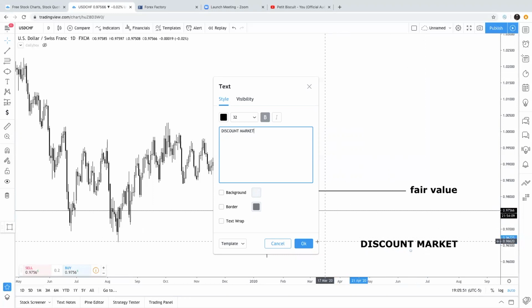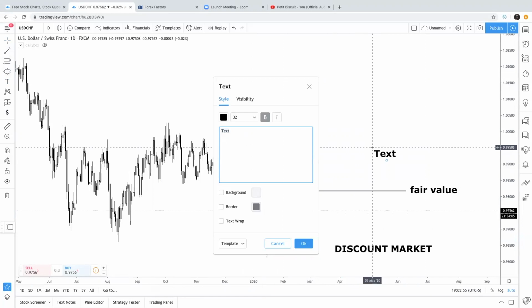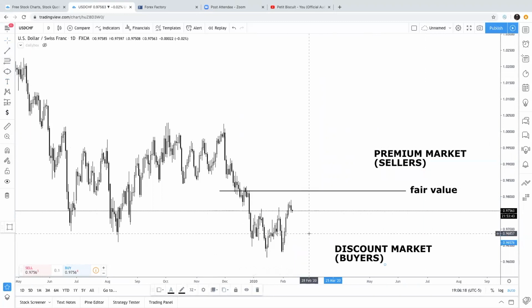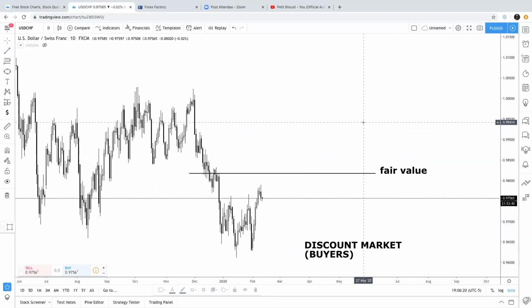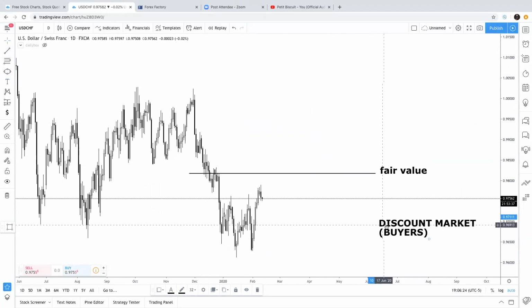And everything above the 50% is going to be considered a premium market. In other terms, this would be your sellers and this would be your buyers. But I'm going to delete this real quick because, like I said, we're not going over premium on tonight's call. We're just going over the discount market.